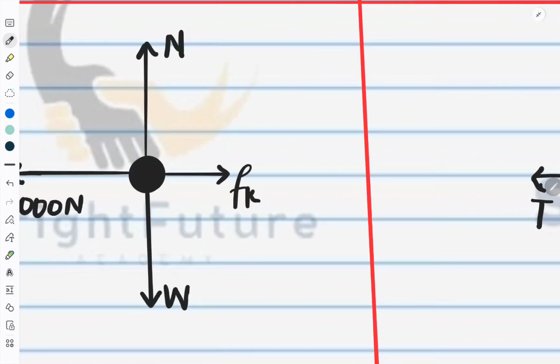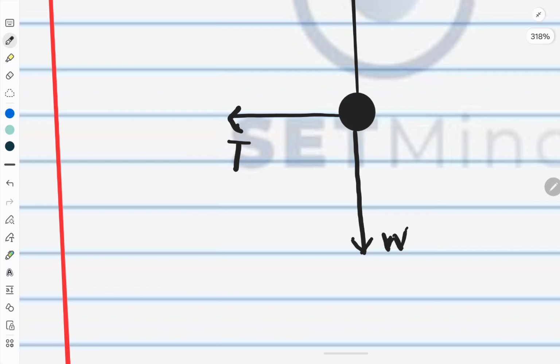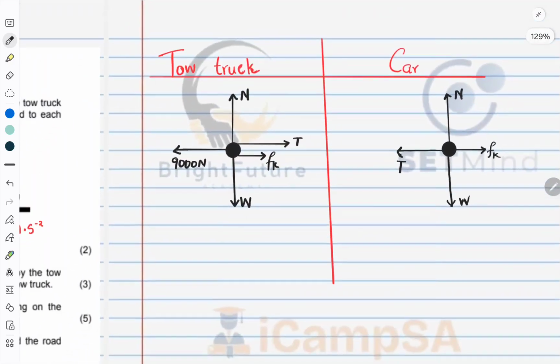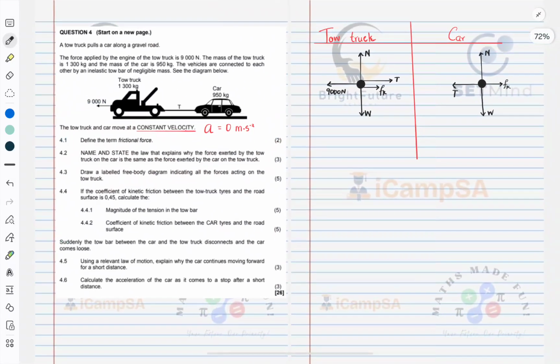Oh, I forgot tension on this one. From the tow bar, tension going that way. And then there's friction here. Okay, so we have these forces that are acting on the tow truck and the car respectively. So now we have everything we need to know about the situation, I think.